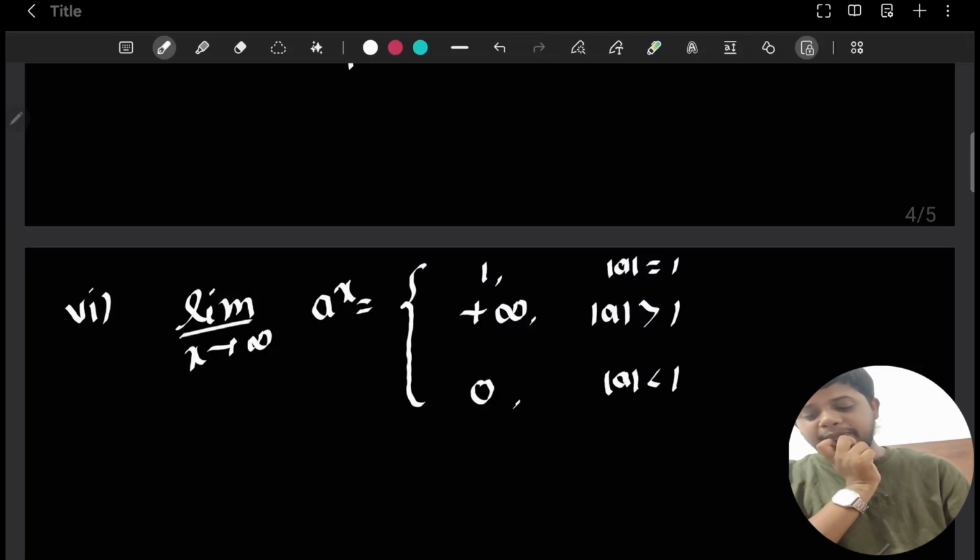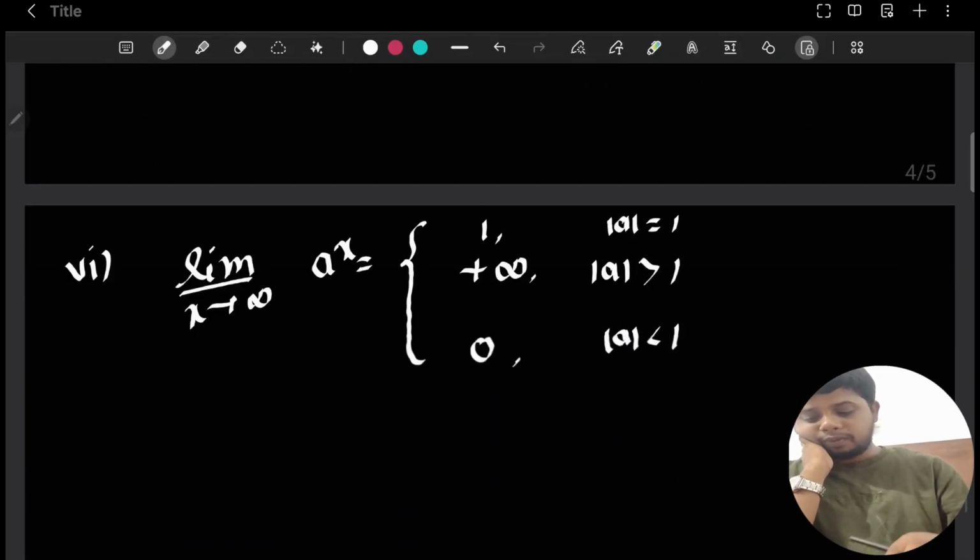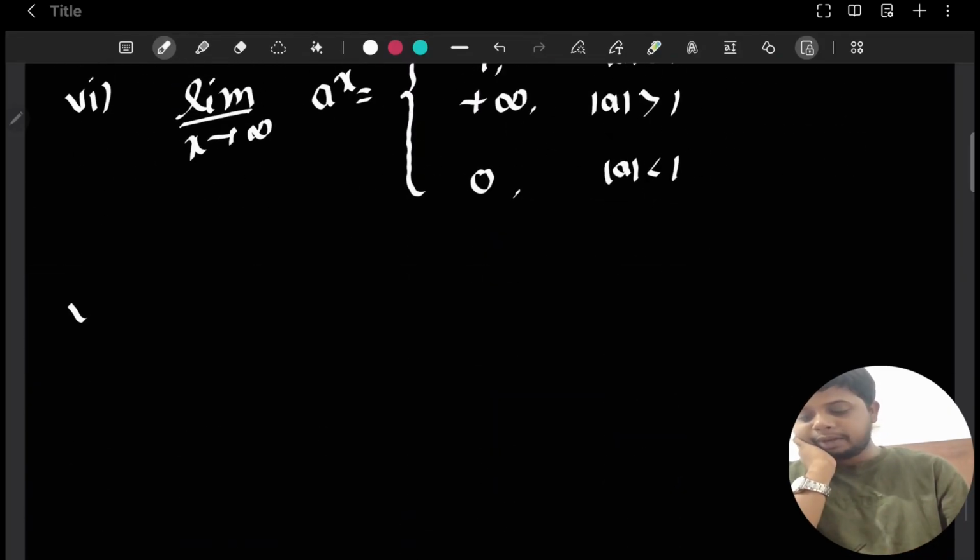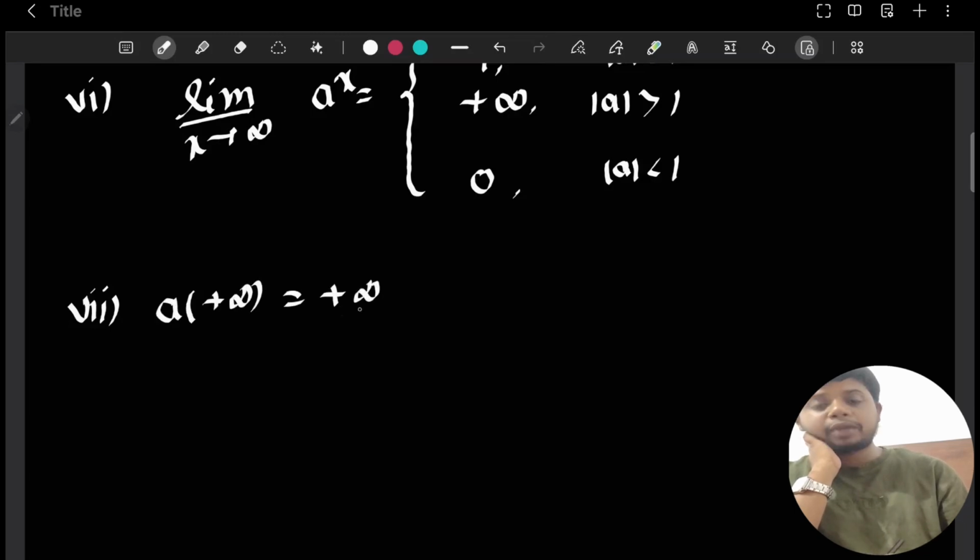And why is this limit there? I'll say, just wait, you will understand that. Okay. Now, a into plus infinity, what is that? Plus infinity only. When this a should be greater than 0.